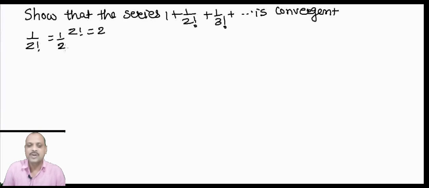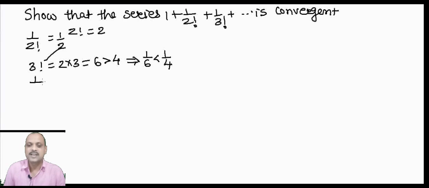Now 3 factorial equals 2 into 3, and 2 into 3 is 6, and 6 is greater than 4. So therefore 1 by 6 is less than 1 divided by 4. Therefore we can write this as 1 divided by 3 factorial is less than 1 divided by 2 square.